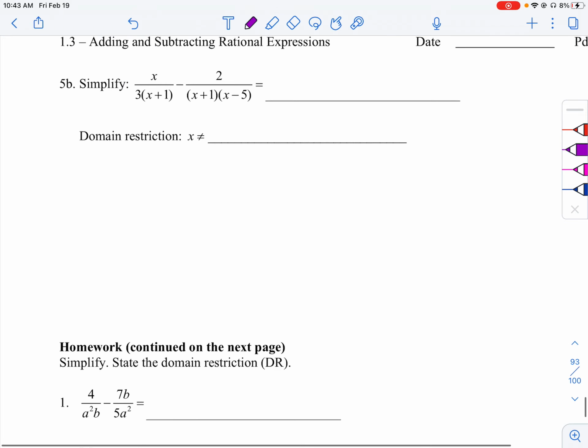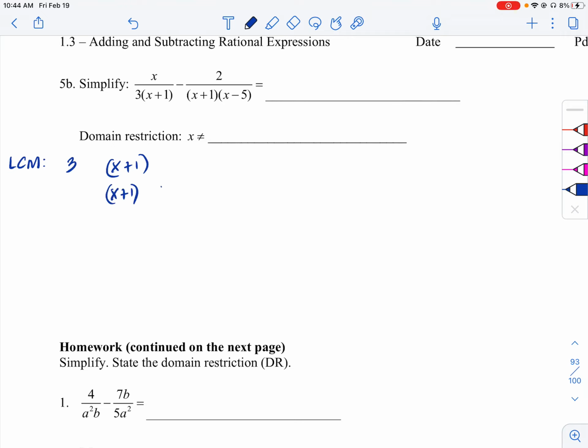Let's do 5b. First, we are going to get our LCM. There you go. For the 3, I have 3 and then x plus 1. For the next one, I have another x plus 1 and then x minus 5. So our LCM would be 3 wins, x plus 1 wins, and x minus 5.